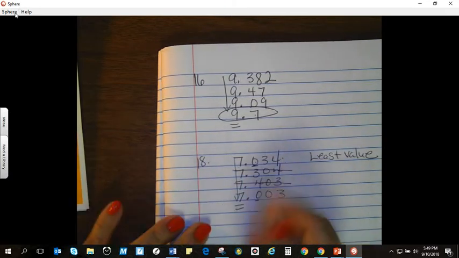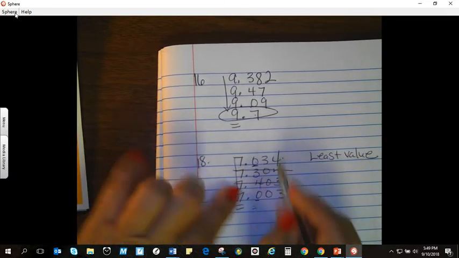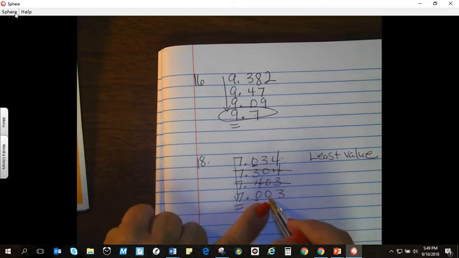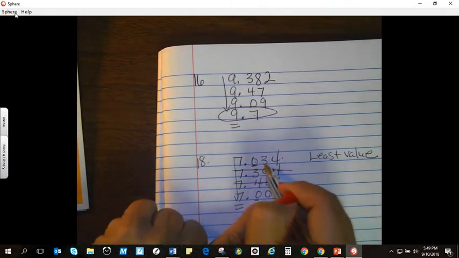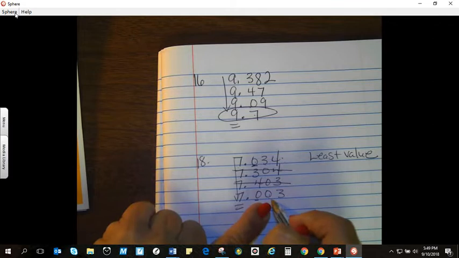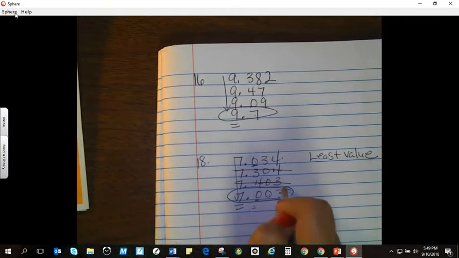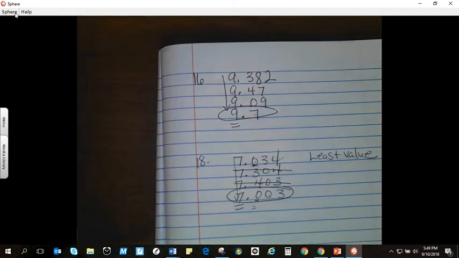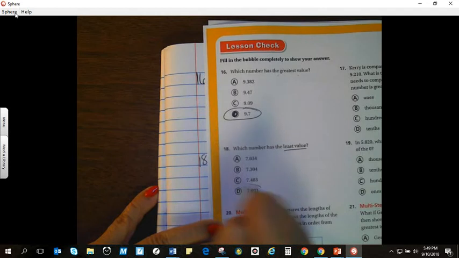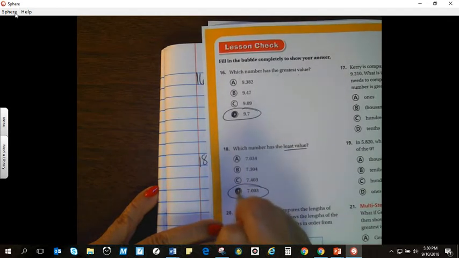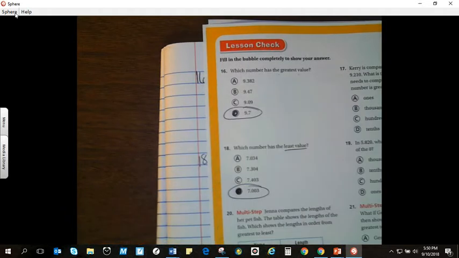Okay, so those are equal there. But let me move over to here. This is a 0 and this is a 3. Which one of these are going to be the smaller one? You got it. So this is the smallest number. So coming over here, I have 7 3/1000 is my least valuable, or the smallest value, so it would be D. Very good.